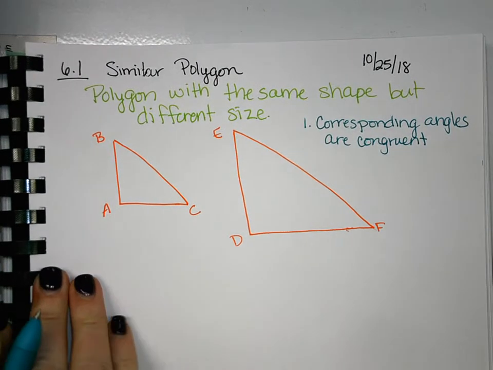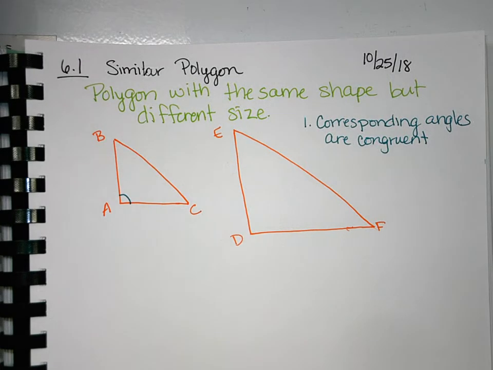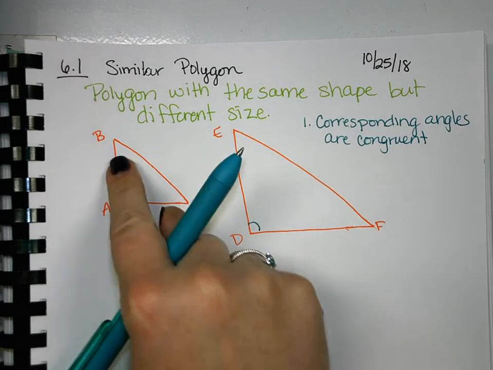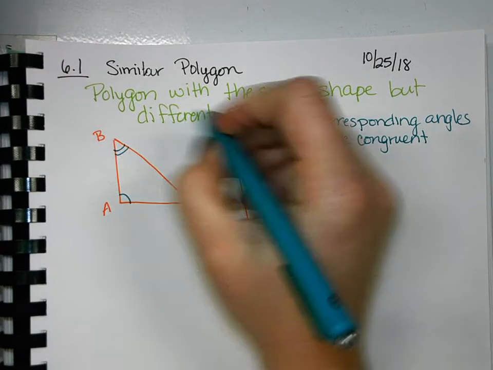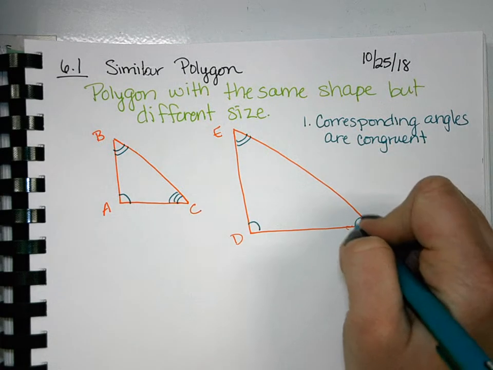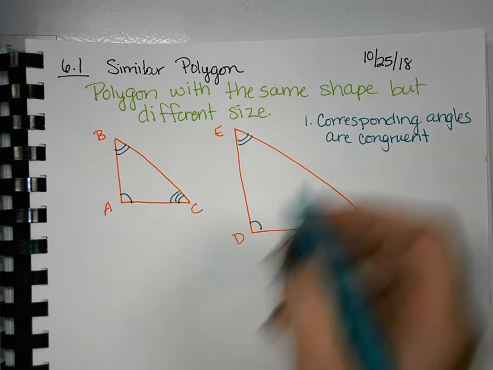So if we look at corresponding, what do you think corresponds with A? D. What do you think corresponds with B? And what about C? F. Okay, so in order for us to have similar figures, corresponding angles are going to be congruent.